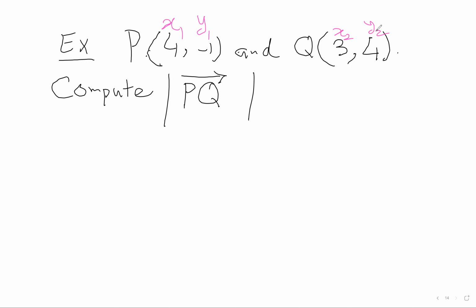Based on the formula that we discussed on the previous slide, this is going to be equal to radical of x2 minus x1 squared plus y2 minus y1 squared. x2 is 3, x1 is 4, y2 is 4, y1 is negative 1.